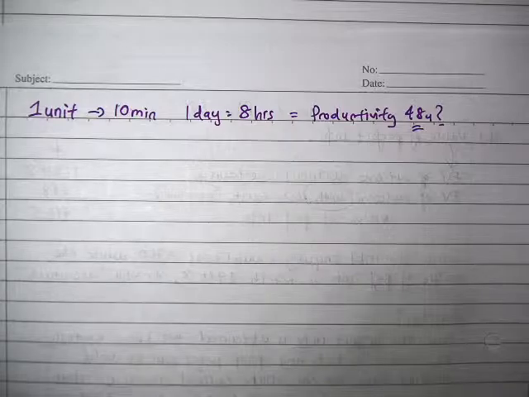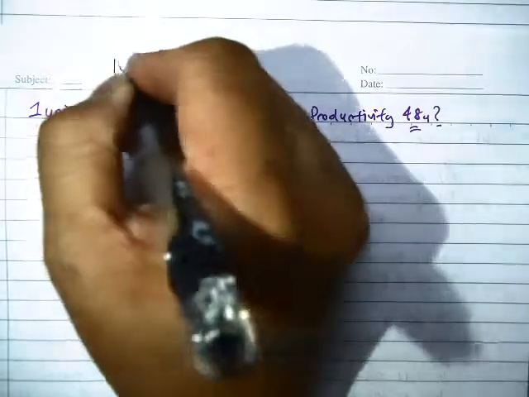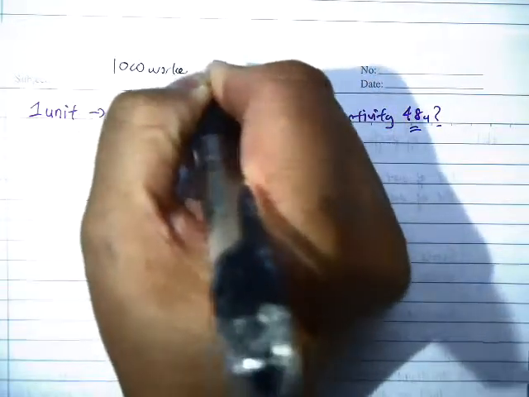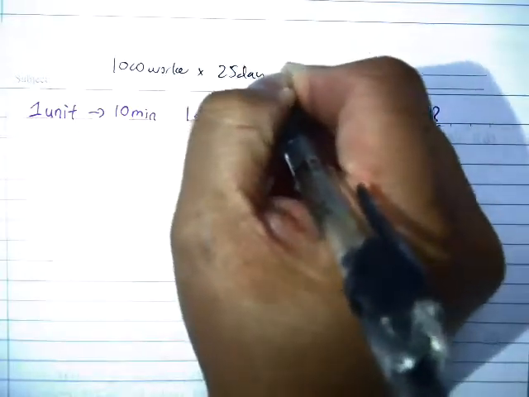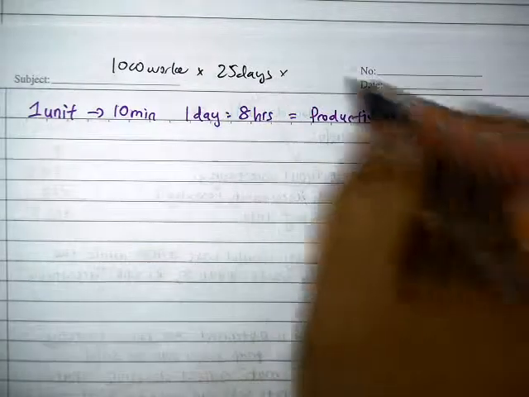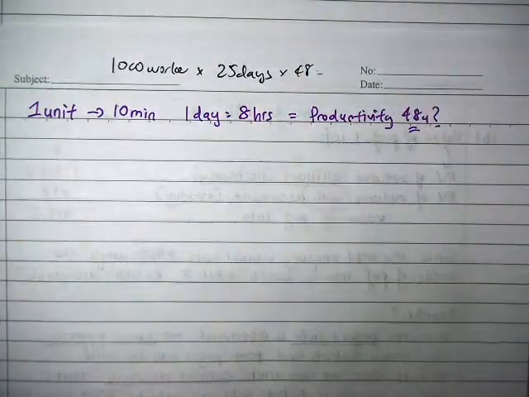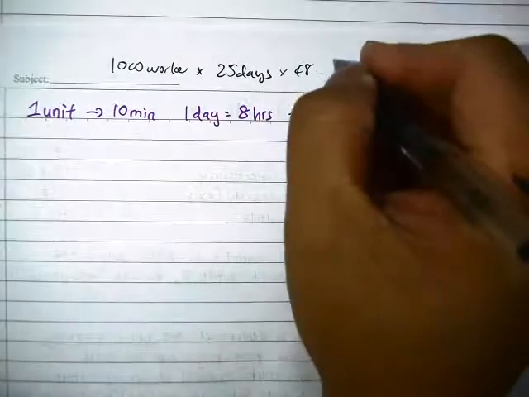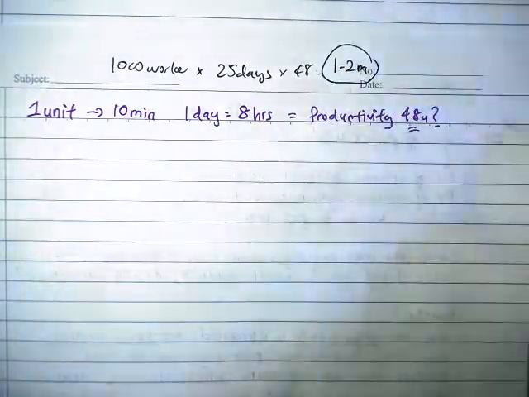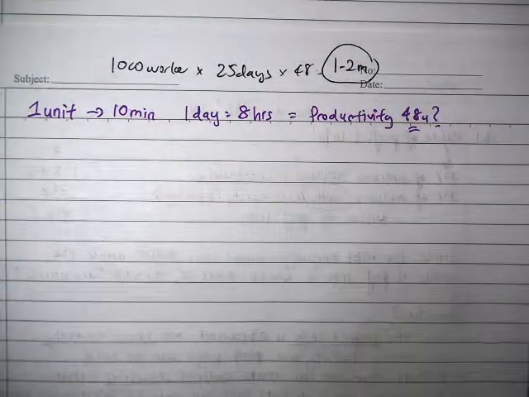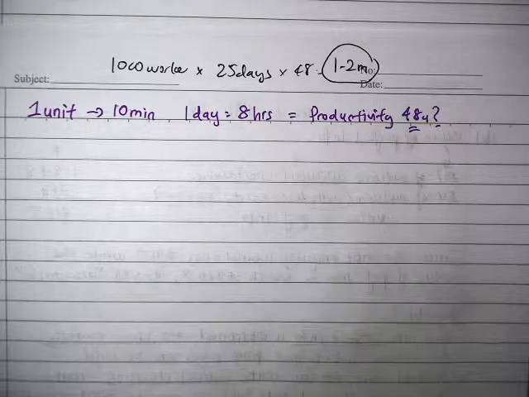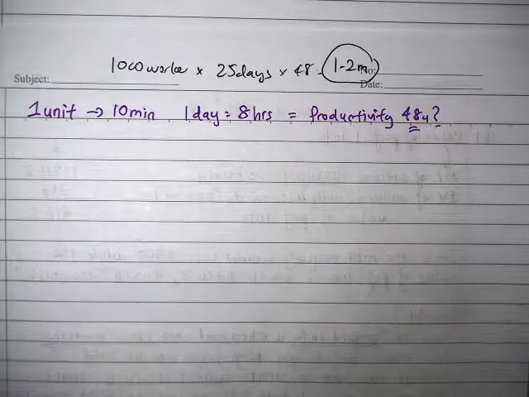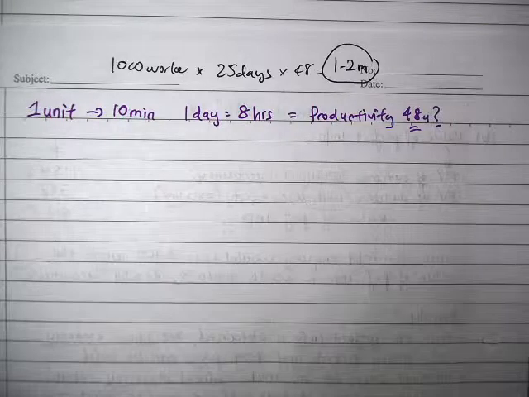So imagine you thought that if I have 1,000 workers and I work 25 days in a month, then I multiply with 48, this is my capacity. 1,000 times 25 times 48, I thought I will get 1.2 million a month. But what if my actual, real capacity is not 1.2 million? It's much lower.